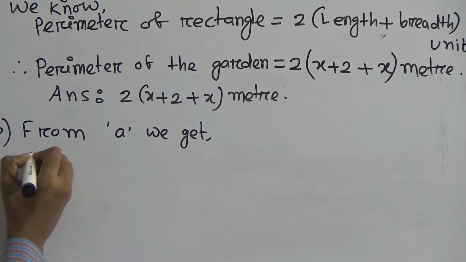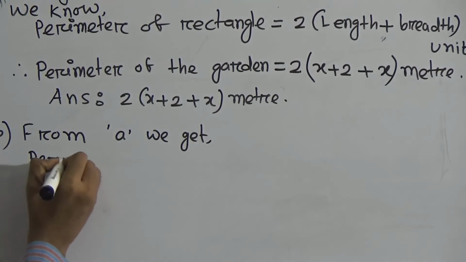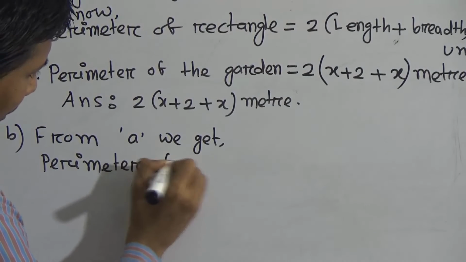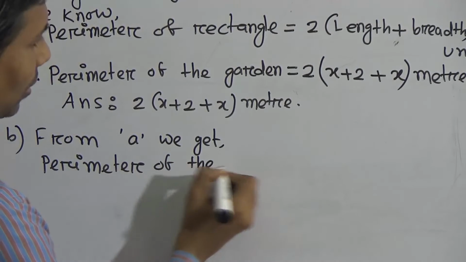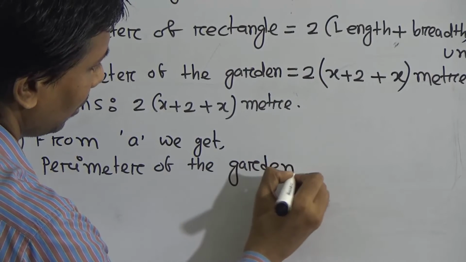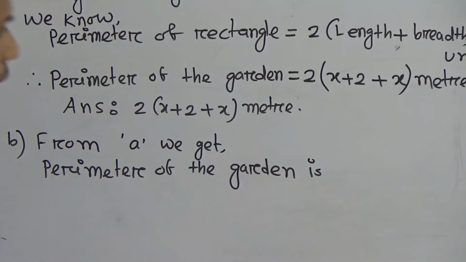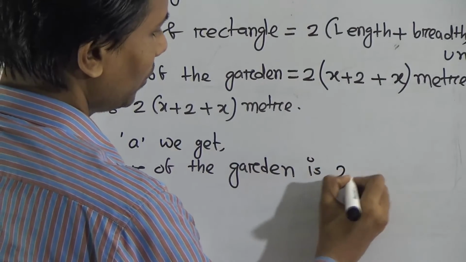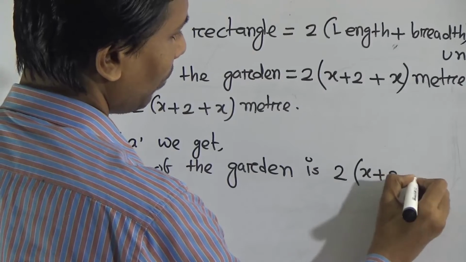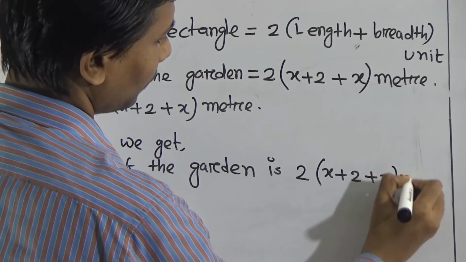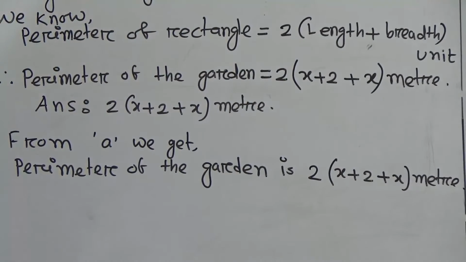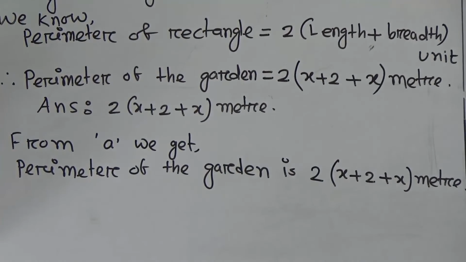We get perimeter of the garden is 2 into x plus 2 plus x meter. Okay, we have got from A.